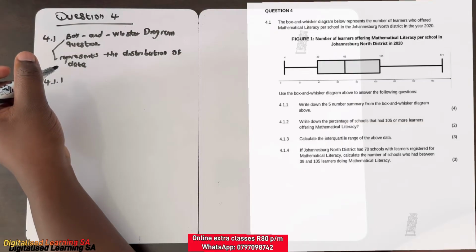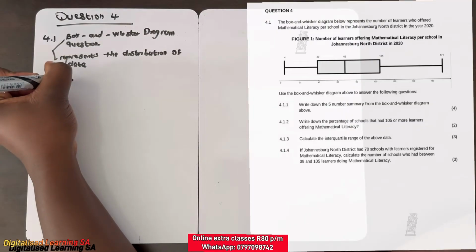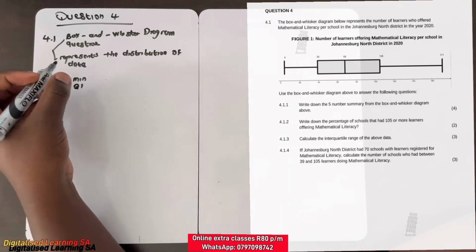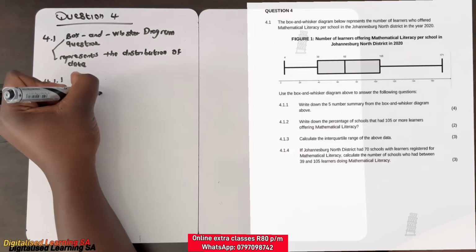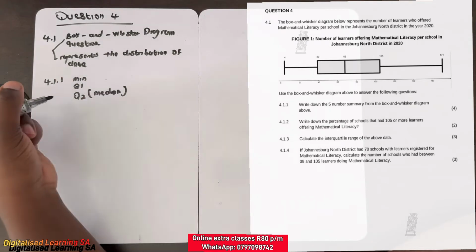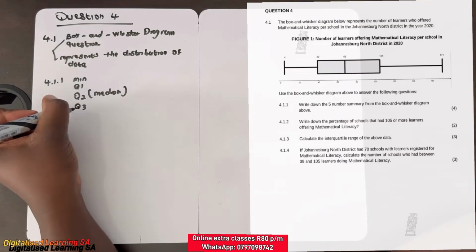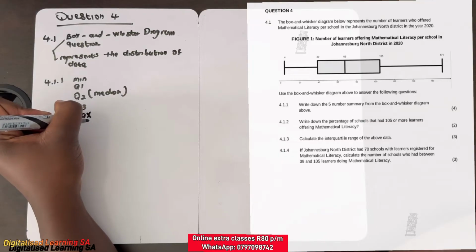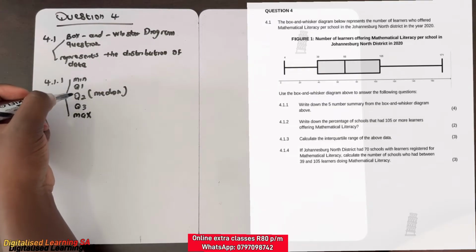Whenever we are dealing with the box and whisker diagram, we need to know that we have the minimum, the first quartile, quartile 2, which is also the median, Q3, which is the third quartile, and then the maximum. These are the 5-number summary.